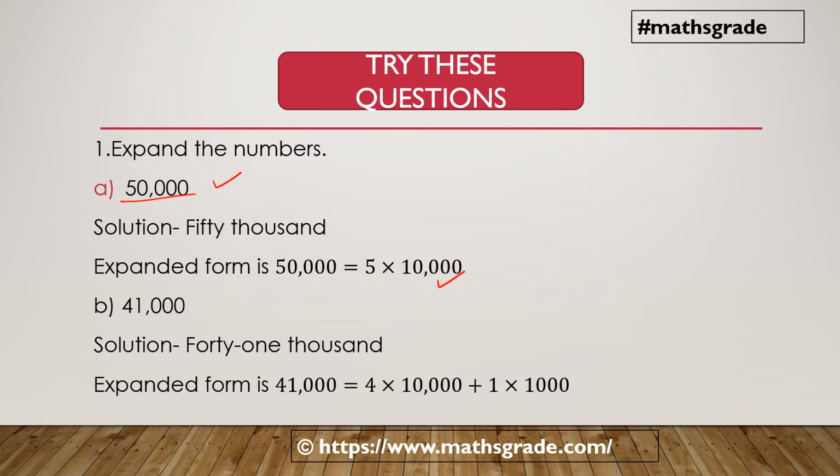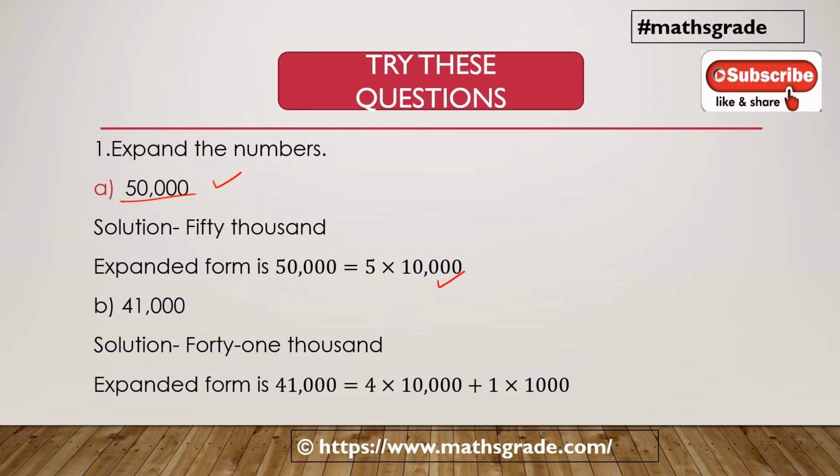Then the third digit, the 100 place digit 0, is also 0 multiplied with 100. The value of that is 0, so we don't need to write it down. Then the next 0 multiplied with 10 is 0, so we don't need to write it down. Then 0 multiplied with 1 is 0 only, so we don't need to write that down either.